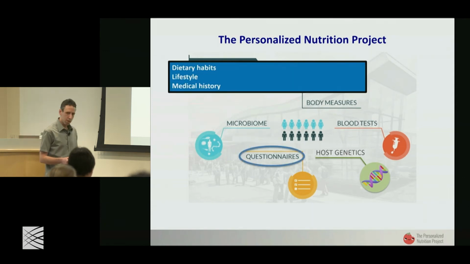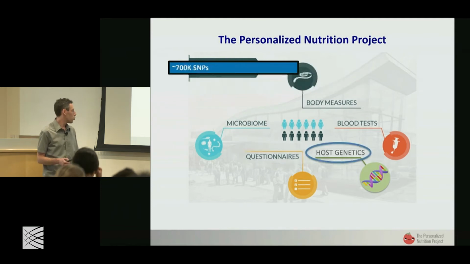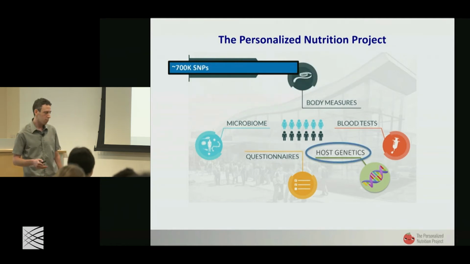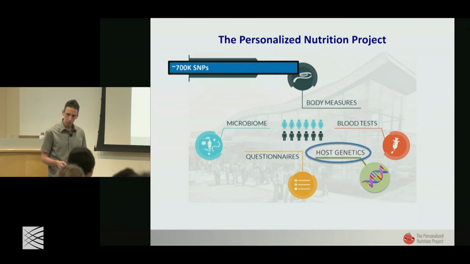And these participants also had to fill very detailed questionnaires about dietary habits and lifestyle and medical history and so on. And we also genotyped all the individuals at about 700,000 SNPs, and then we imputed these.